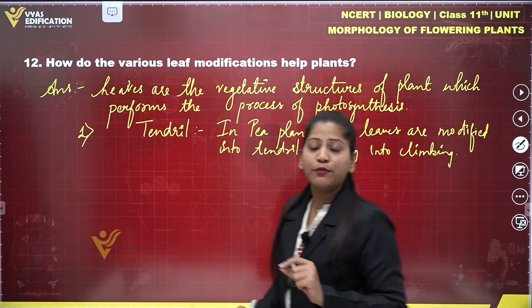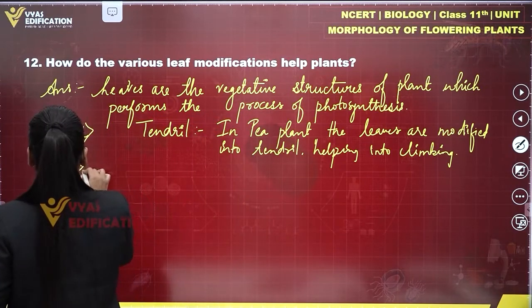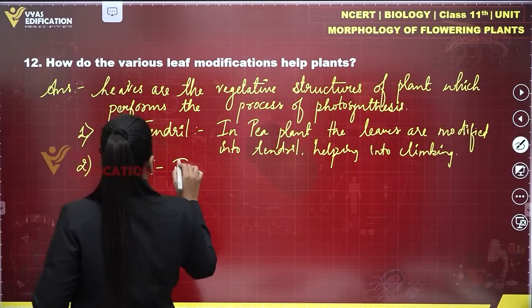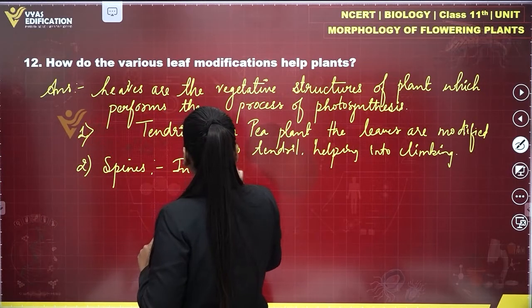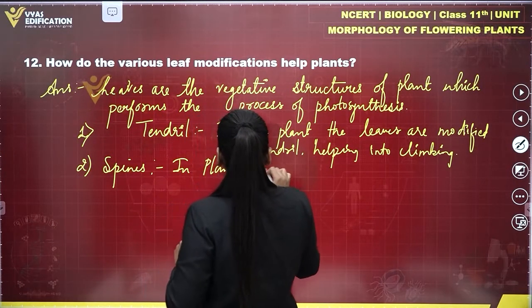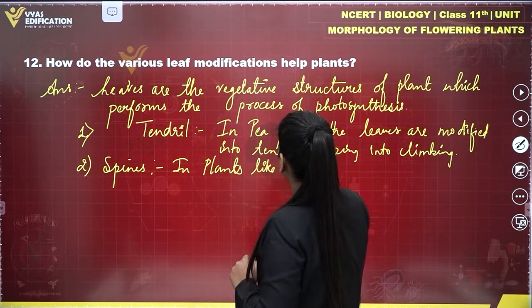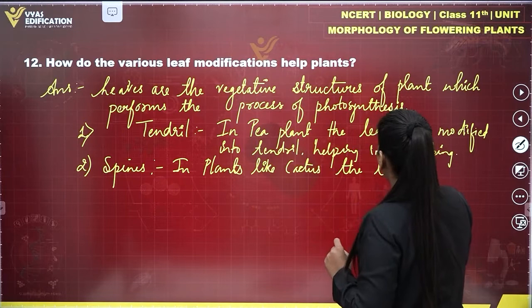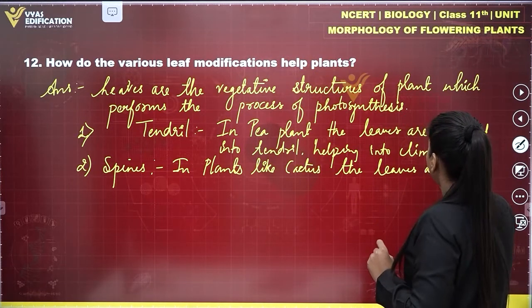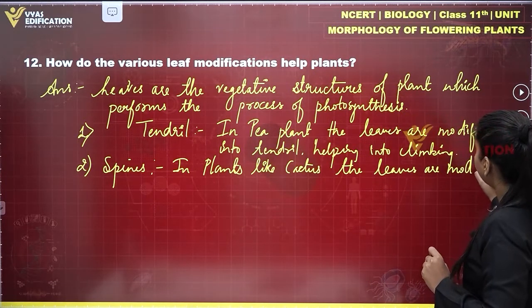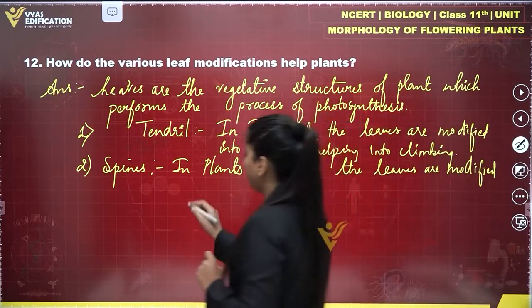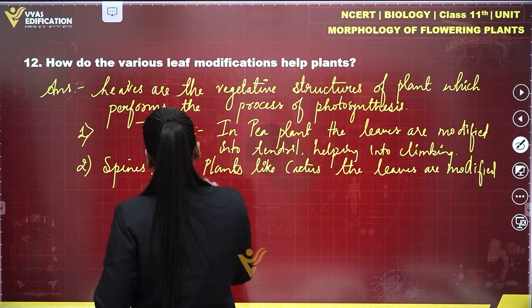The next leaf modification we have is spines. Now, in plants like cactus, the leaves are modified into spiny structures.